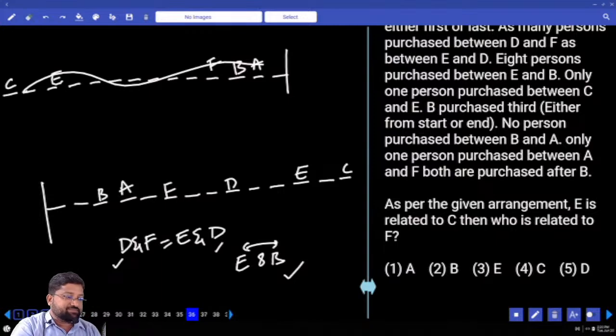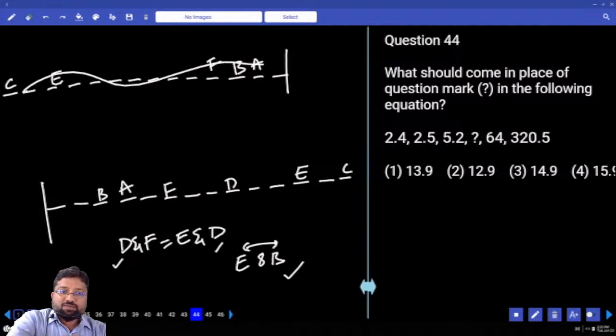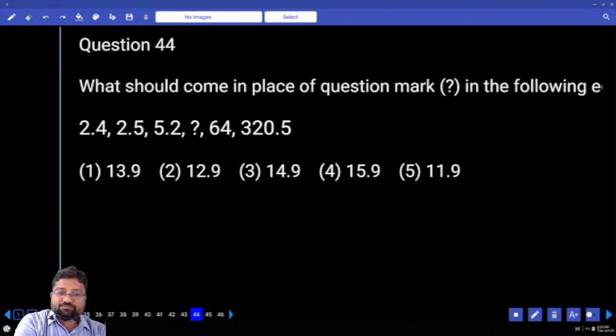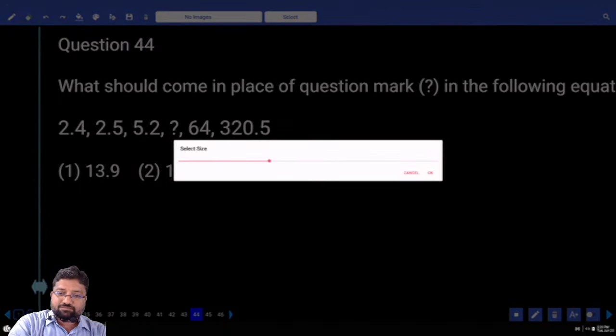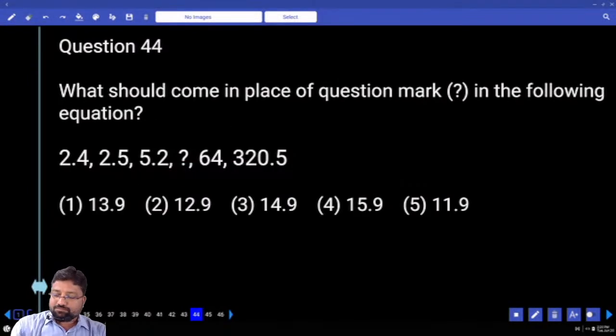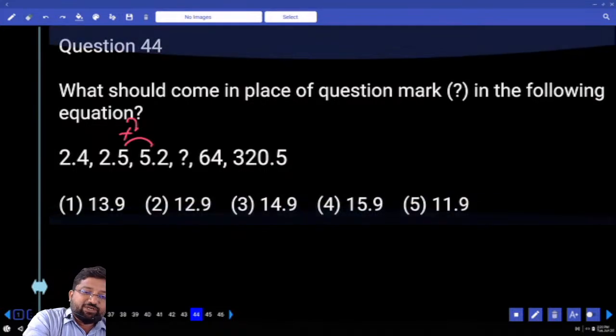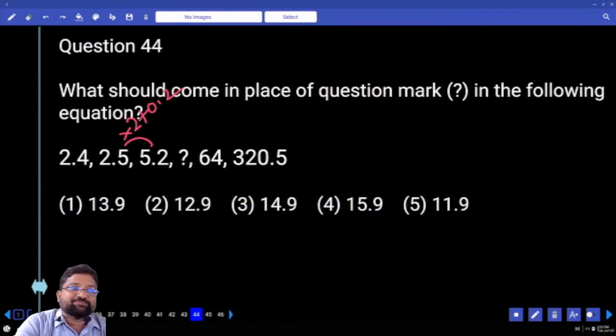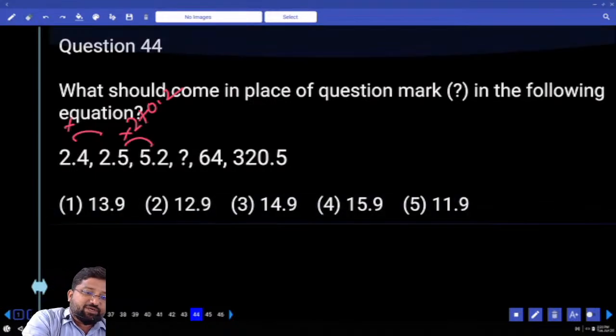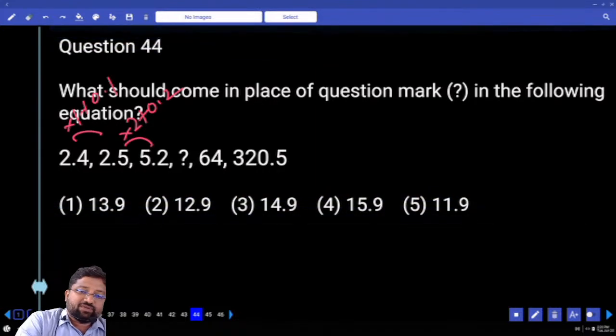Number series now. This is into 2 plus 0.2. What is 2.5 into 2? 5 plus 0.2. What about this? Into 1 plus 0.1.